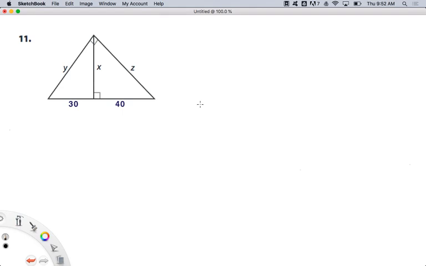So that is an altitude. You see how this altitude splits this side into two line segments, 30 and 40? The length of the altitude is the geometric mean of the two line segments. So in other words, x equals the square root of 30 times 40, which is the square root of 1200.